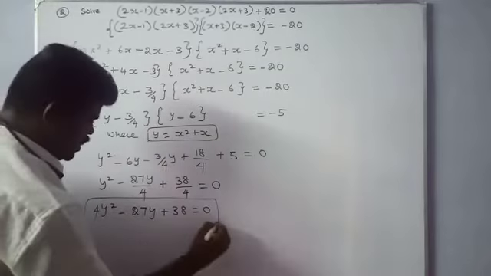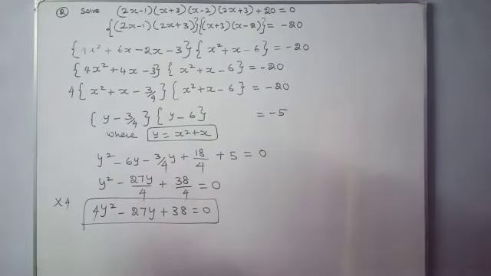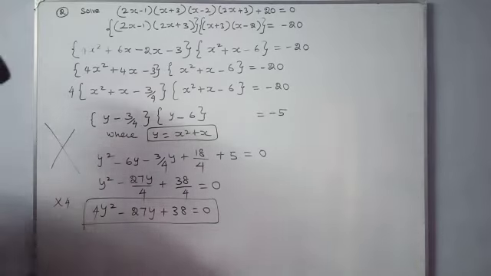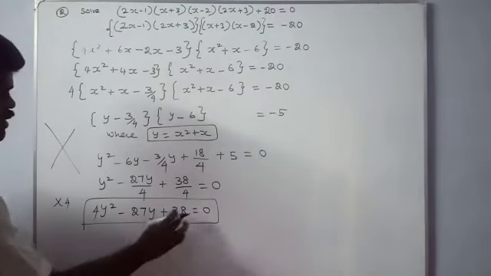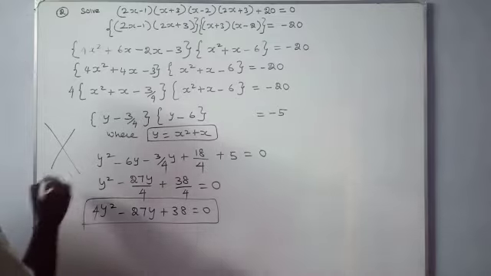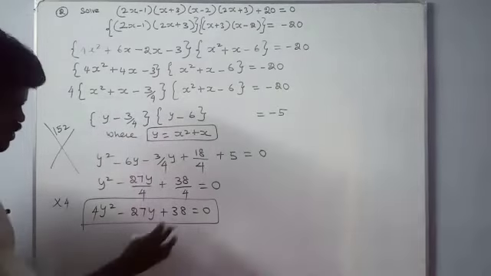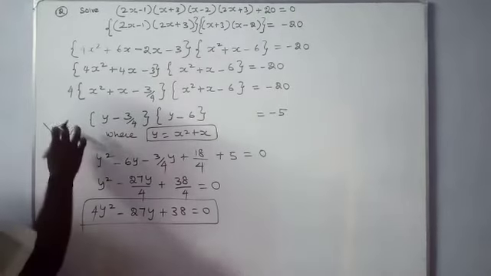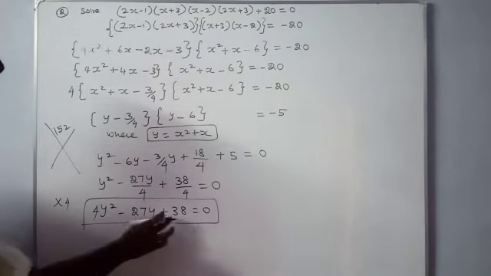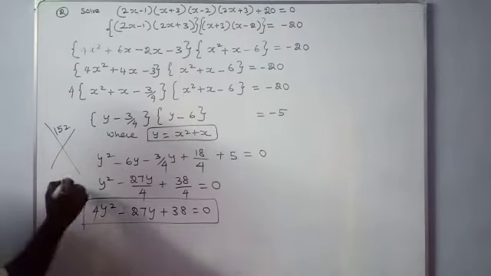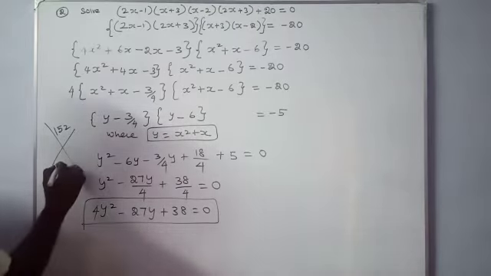This is the quadratic equation. Here what are the quadratic roots, that means 4 into 38, 152. 4 8s are 32, 2 balance 3, 4 3s are 12, so 152. And sum of the root is minus 27.